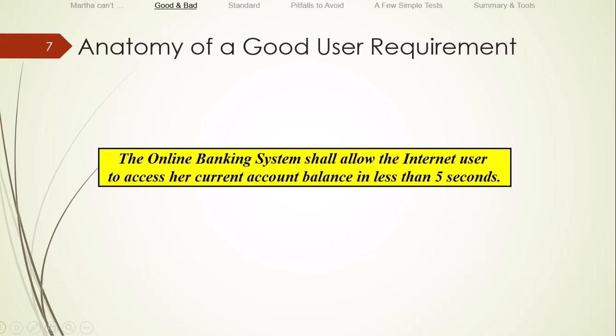Now, the anatomy of a good user requirement. Let's see this example. The example is: the online banking system shall allow the internet user to access her current account balance in less than 5 seconds. Now observe what is right with this sentence.